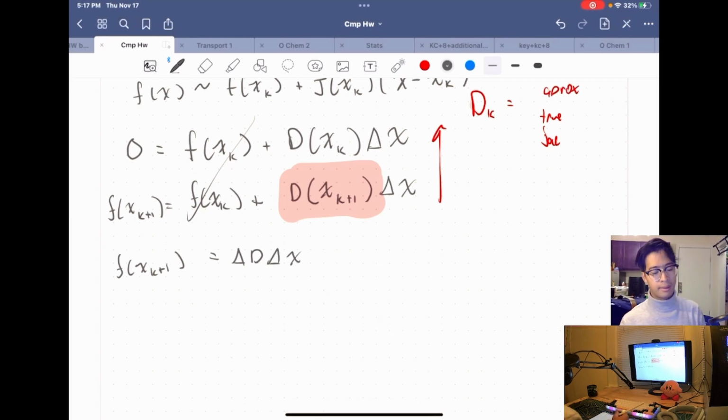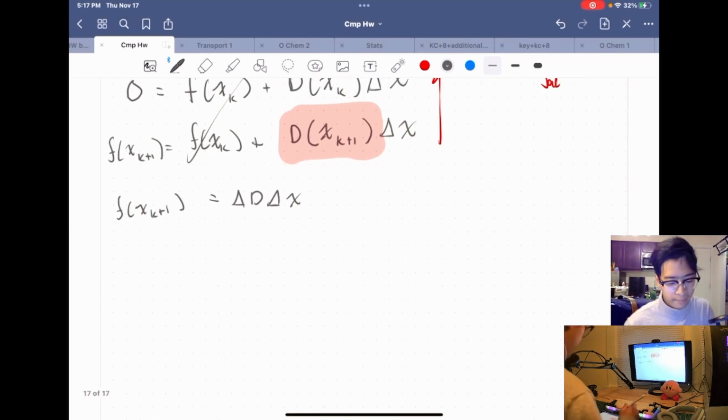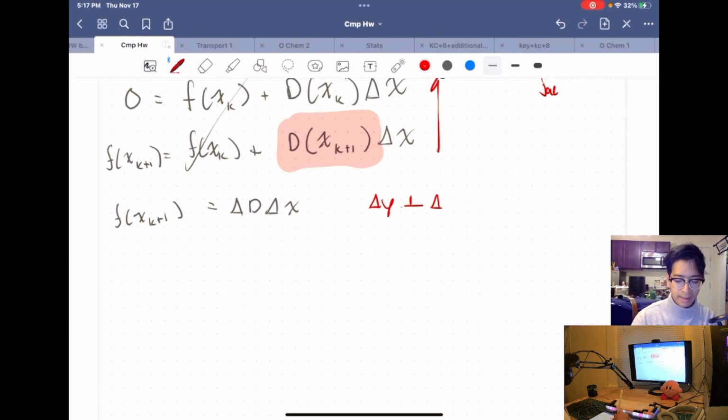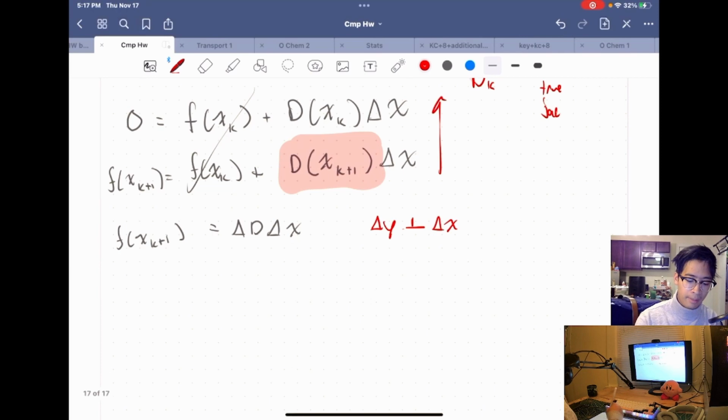Let's say we have an exploratory step delta y, where delta y is perpendicular to delta x. Recall that, based on these functions, the approximation to the Jacobian relies entirely on this exploratory step delta x, meaning it has absolutely no information about the exploratory step in the perpendicular direction. So what does that mean?